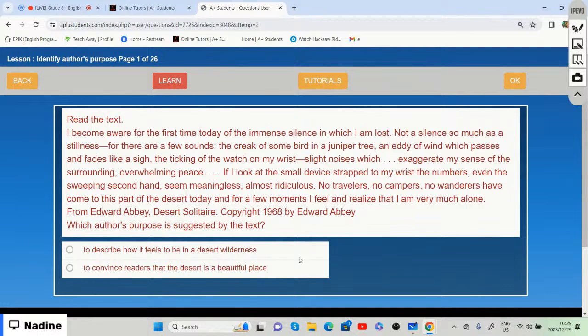So the author's purpose, which is being suggested by this text, is to describe how it feels to be in the desert wilderness. You feel alone.